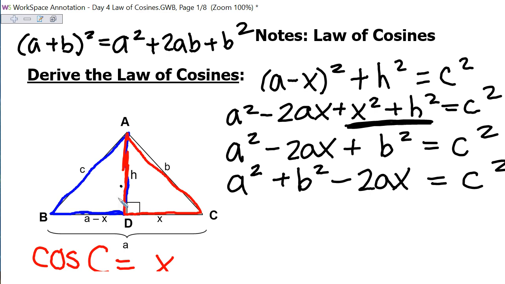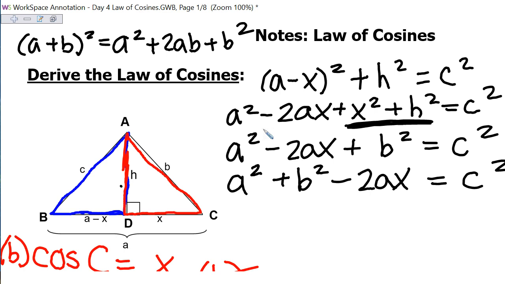We're going to solve that equation for x. So the opposite of divide by b would be multiply both sides by b. So that would be b times the cosine of angle C is equal to x.